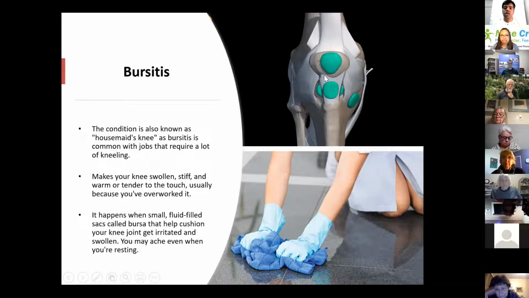This bursa can get irritated, swollen and painful, and it will be very sensitive even after rest. We will notice lots of swelling here too. It is very uncomfortable even to move the knee when it is swollen.